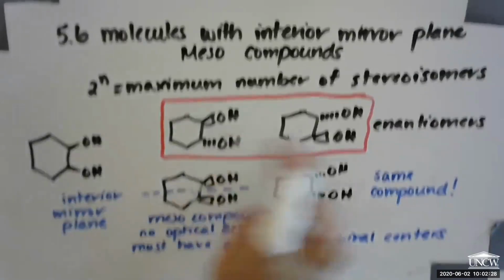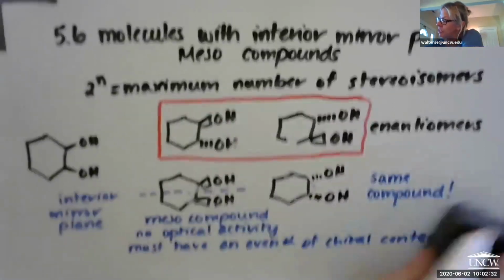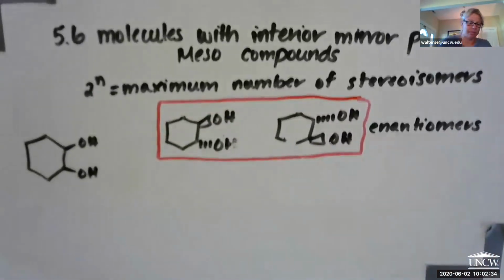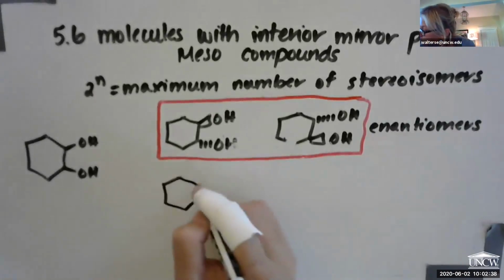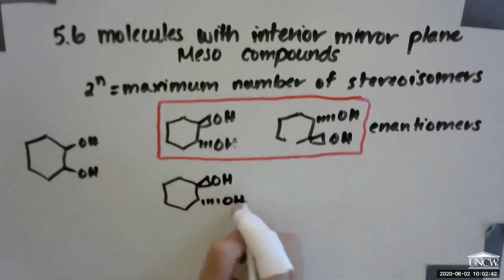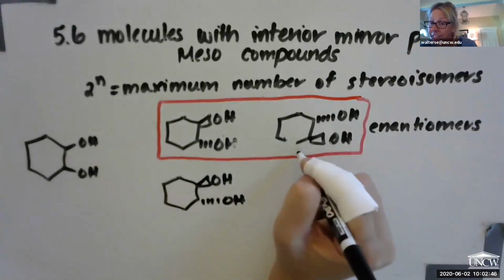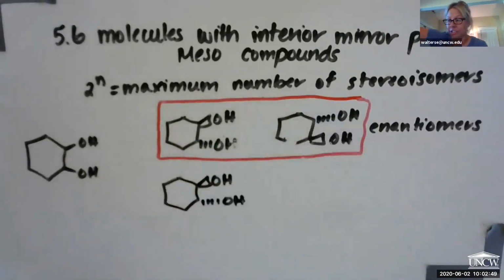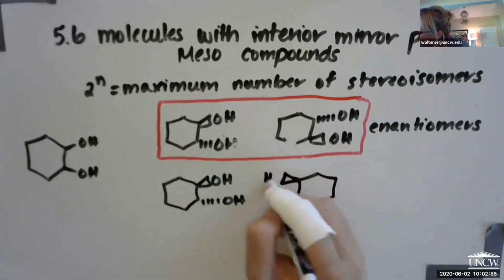And it may not be easy to see the way I've drawn these that these are mirror images. So let me take off this meso compound right quick and redraw. Now if I rotate this, not flip, but rotate it around, just like turn it on a record, it'll line up like this.